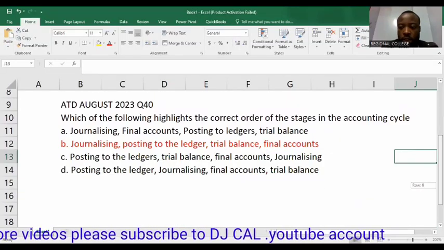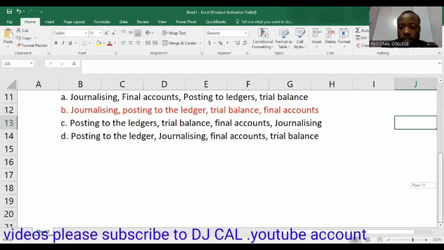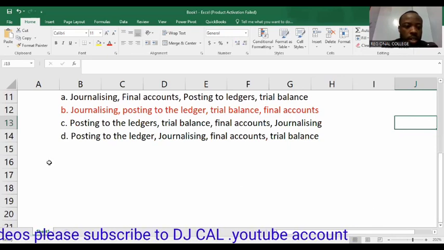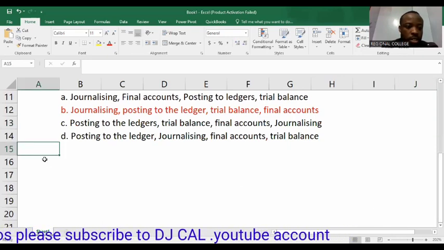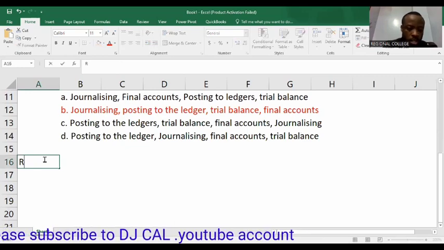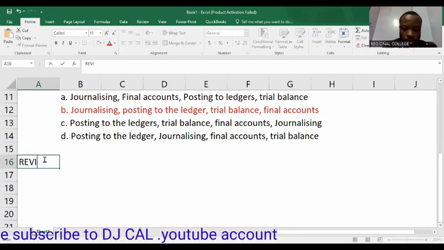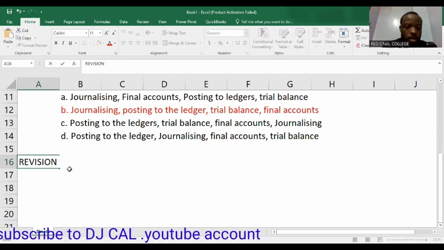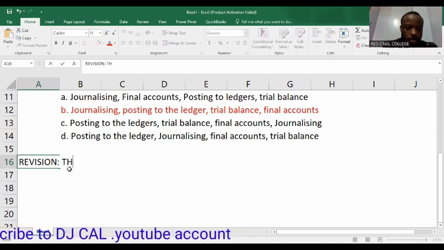So after that one, because of generalizing, now I want to start another thing, again, at the revision. So the revision now, we talk about the prime books.